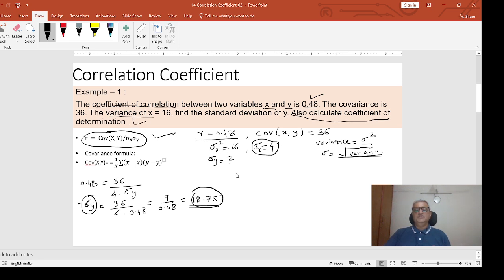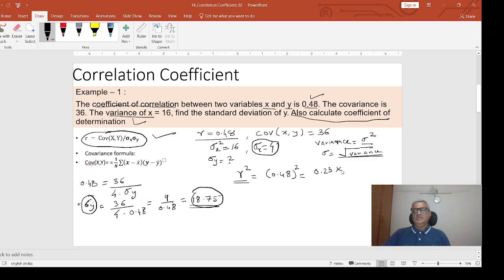Also calculate the coefficient of determination. Very simple. We have seen that coefficient of determination is equal to r square. R is 0.48, so 0.48 squared is 0.2304.